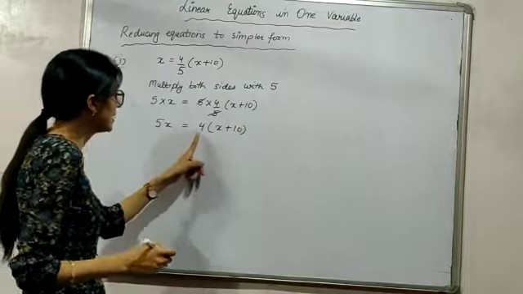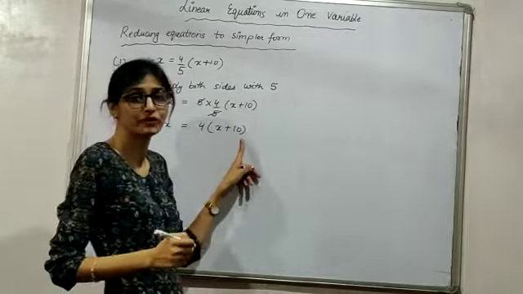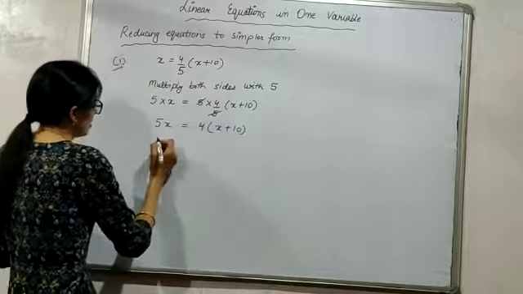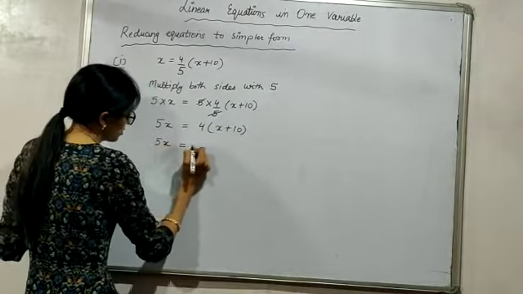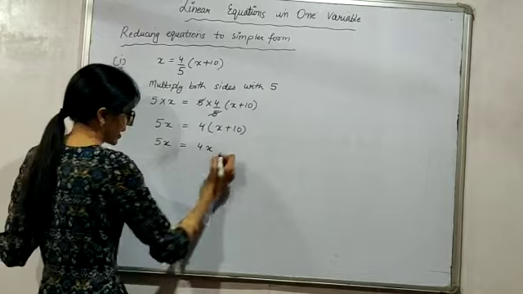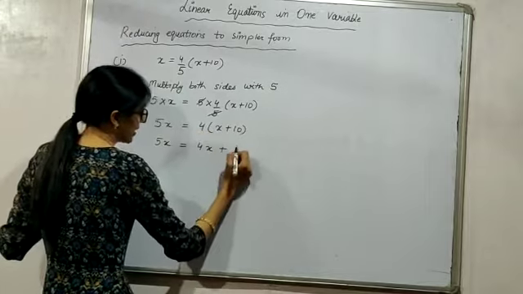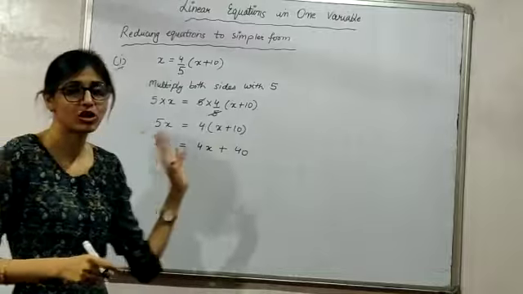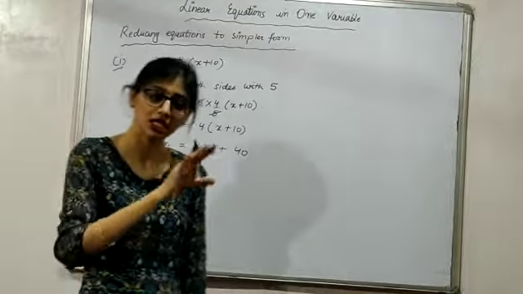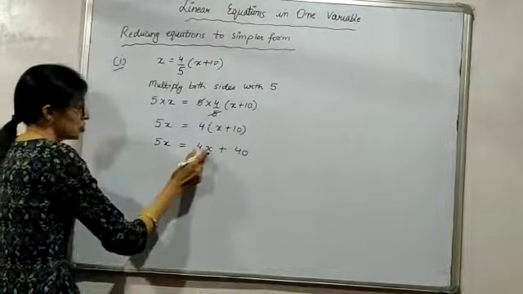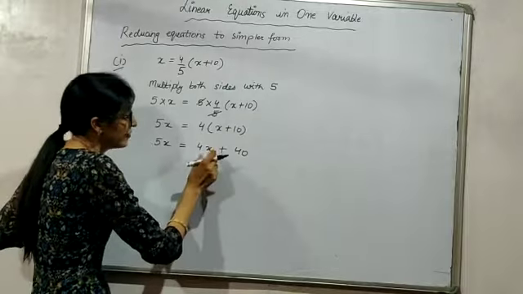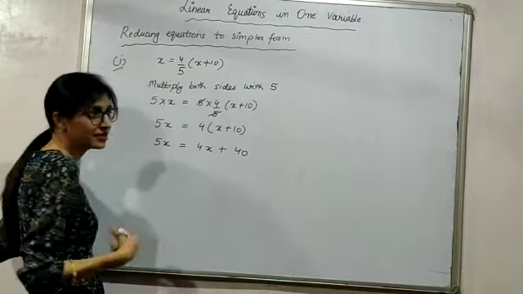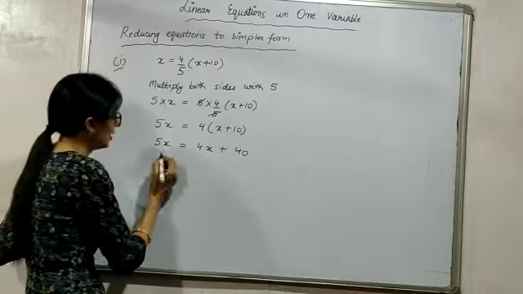Now you have to multiply this 4 with the whole of the bracket. So 5x is equal to 4 into x is 4x plus 4 into 10 is 40. Take the variables to one side and keep the constants on the other side. When I take this variable from the right hand side to the left hand side, it changes its sign.